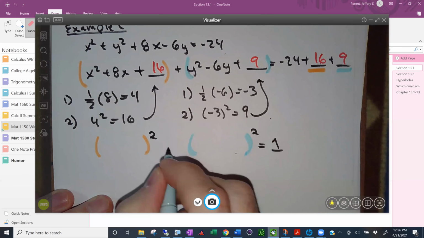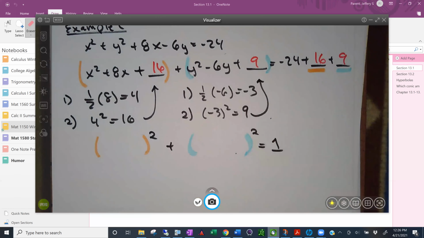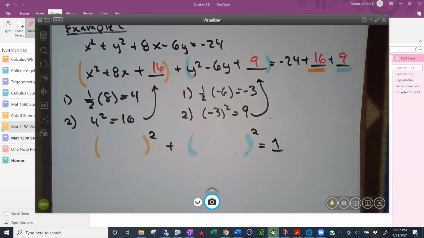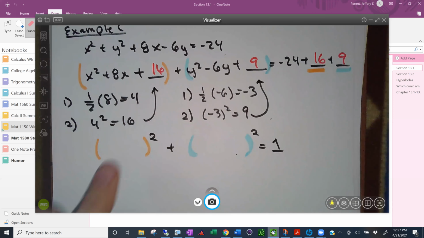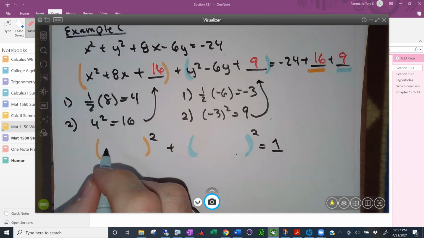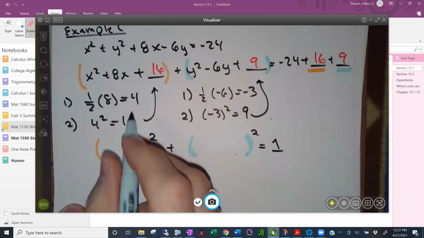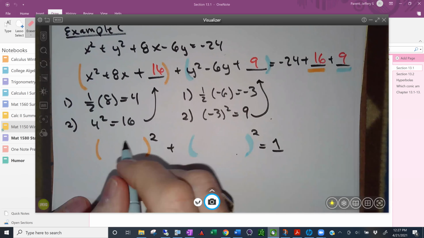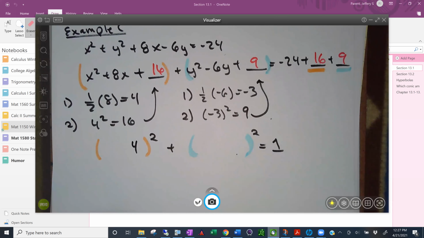Well, let's see what we get on the left-hand side. Now, in the first case, this is now a perfect square trinomial. In other words, it's a trinomial that's the square of a binomial. So what do I square to get this? Sometimes people just put a 4, and unfortunately, that's not enough. X plus 4. X plus 4, excellent.